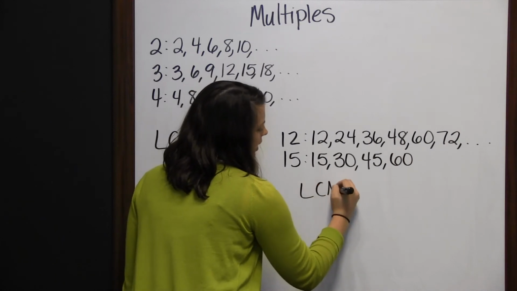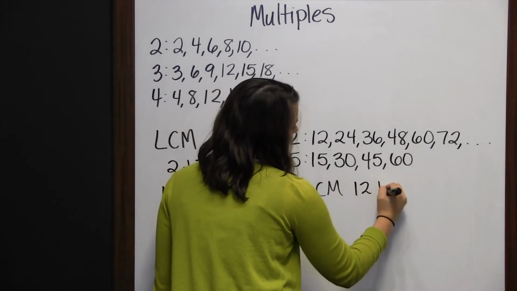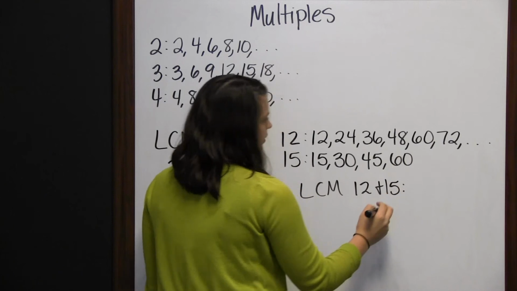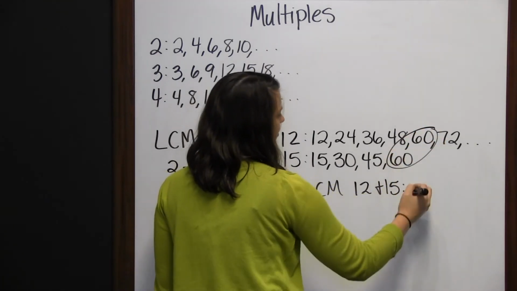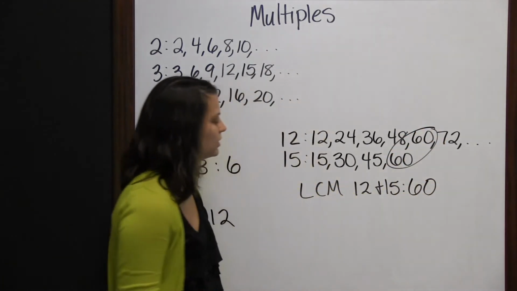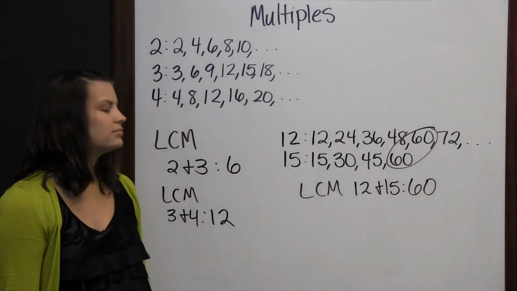So if we were finding the LCM of 12 and 15, the smallest number they have in common is 60. So the least common multiple is 60.